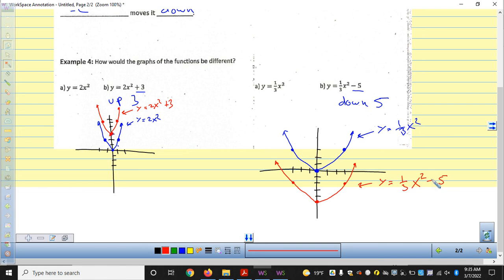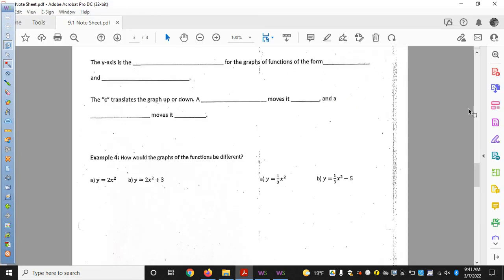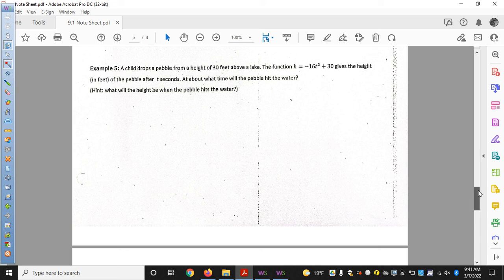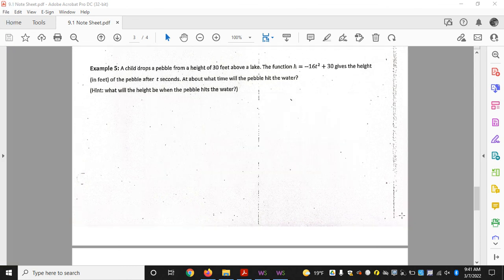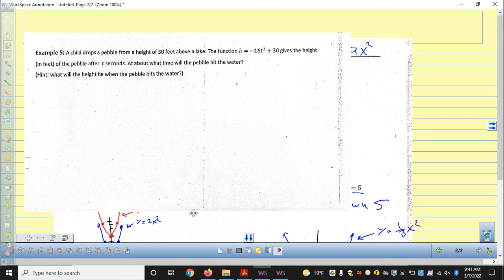All right, we good there with our shifting our graph up and down. All right, so let's look at the example below this one. We have a problem about someone dropping a rock into a lake, and they give us a function that describes the motion.